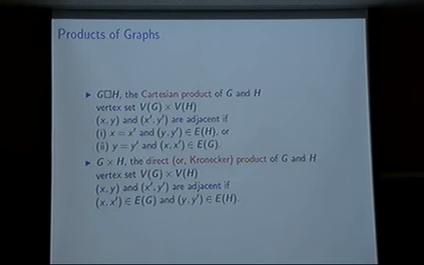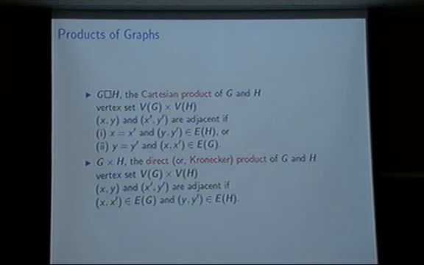The direct product of G and H has the same vertex set as the Cartesian product of G and H. And when you have two vertices (x, y) and (x', y'), they are adjacent if both x and x' are adjacent in their original graph, and y and y' are adjacent in their original graph.